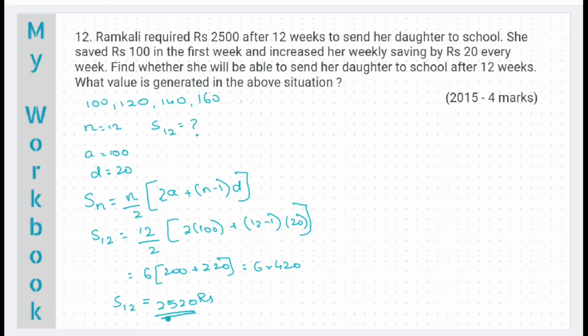So the mother will have rupees 2520 after the 12 weeks. So the conclusion is she will be able to send her daughter to school after 12 weeks. What value is generated in the above situation? It just shows that even saving small amounts regularly will be of big help.